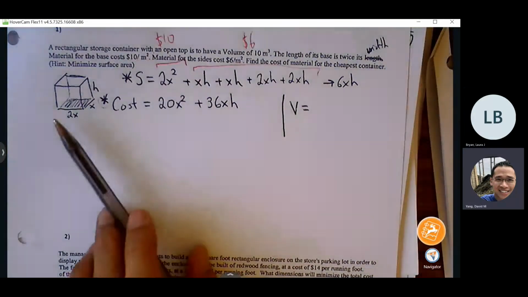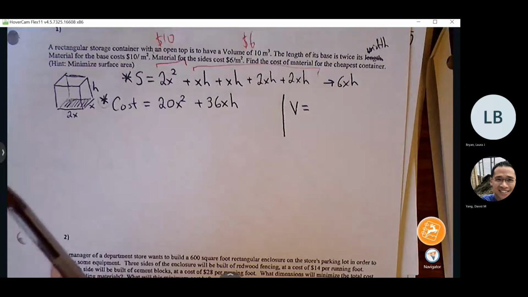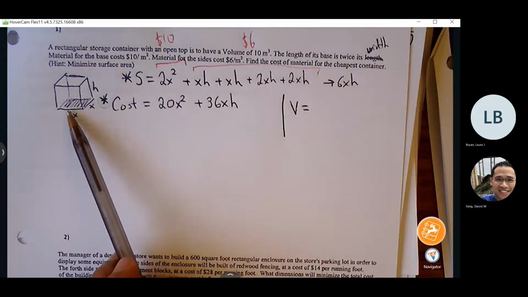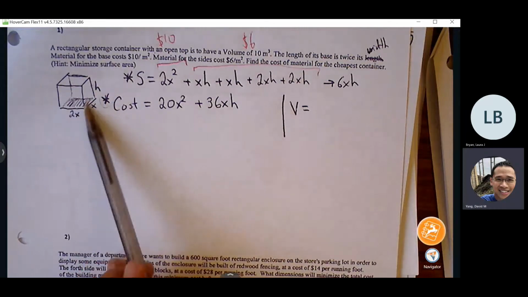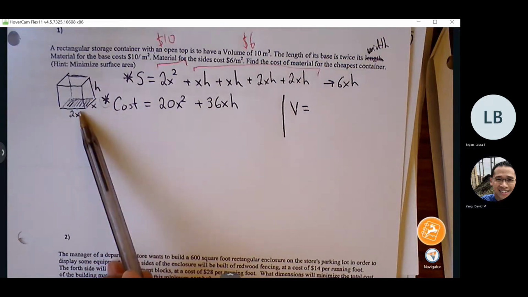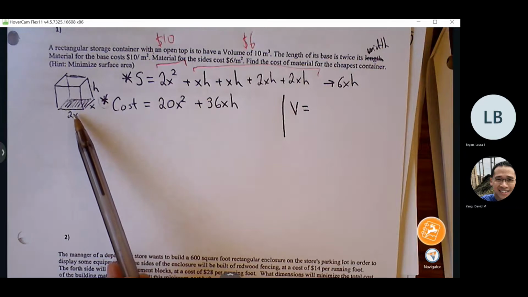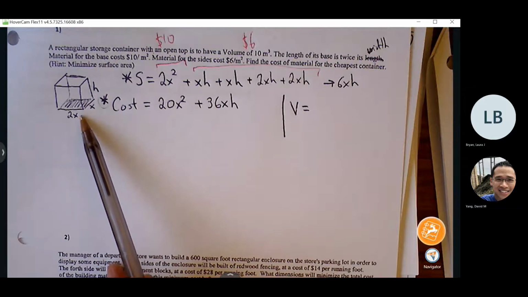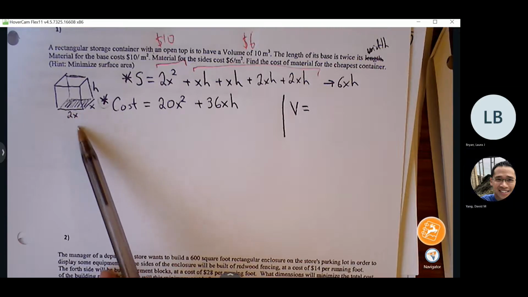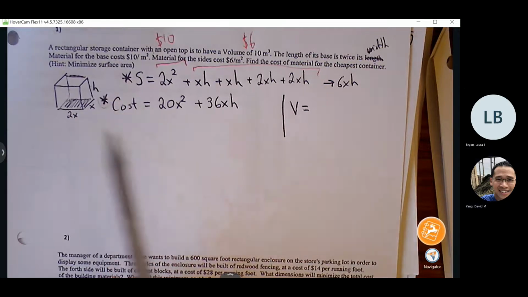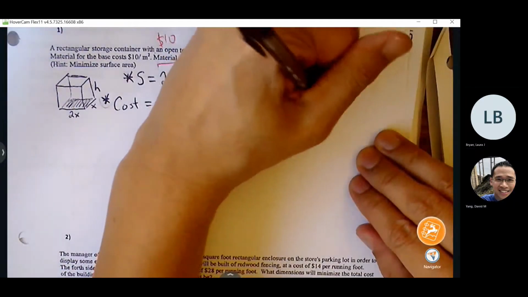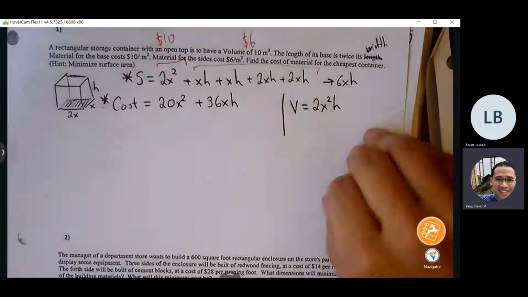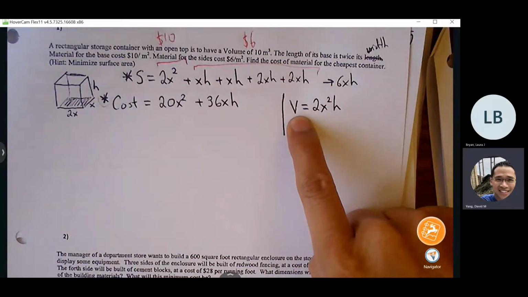So what's the volume of this box? Okay, yeah, 10 cubic meters. What's the volume in terms of this formula? Yep, which is... So now, like you said, there's a volume value, right?